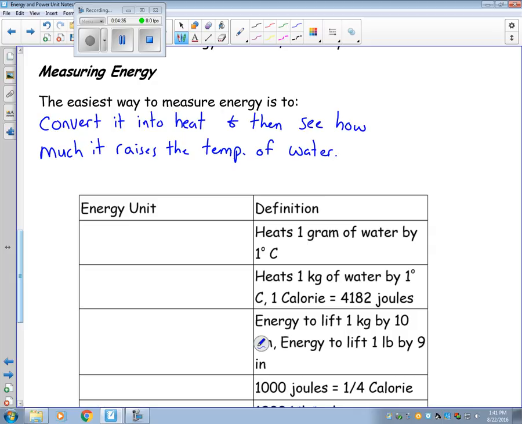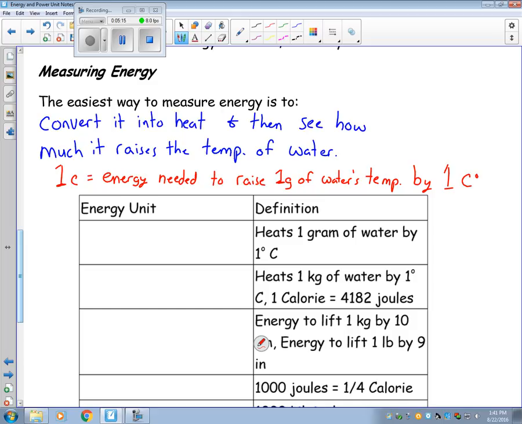In fact, when we take a look at the science calorie, 1 science calorie, which is the lowercase c, is equal to how much energy is needed to raise 1 gram of water by 1 degree Celsius.